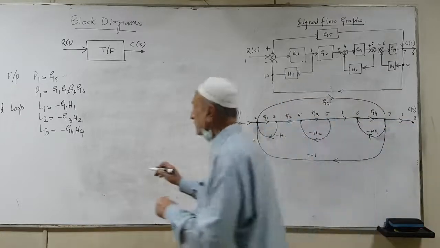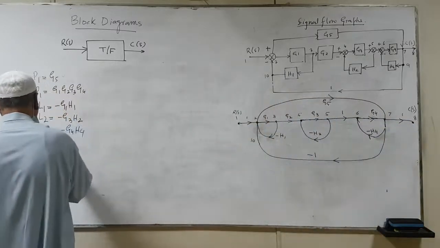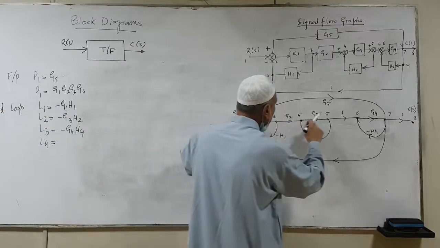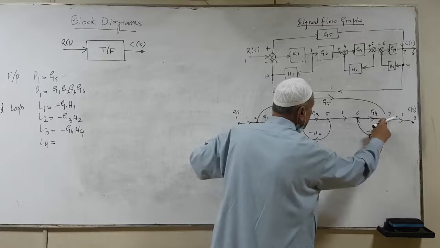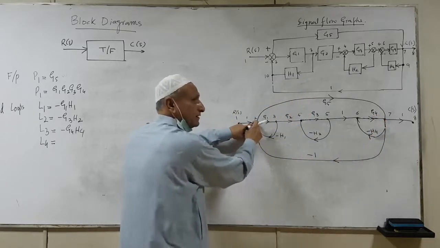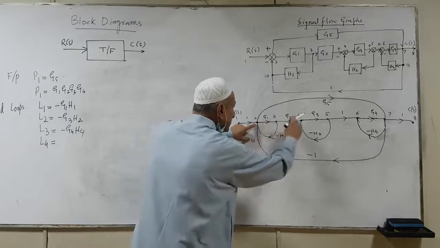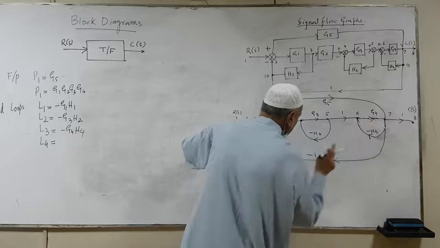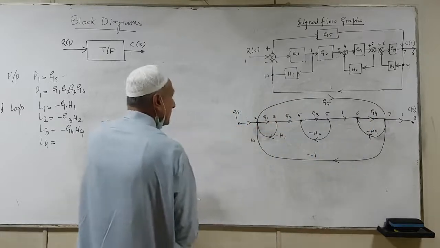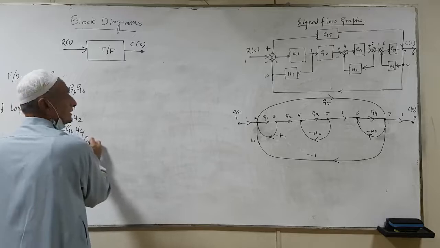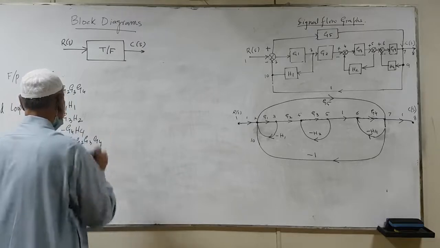So we have another possible loop, from node number 2, traversing according to the arrow direction, coming back according to the arrow direction, you end up at the same node. So the collective transmittance is this multiplied by this, multiplied by this, multiplied by this, and multiplied by this. So in fact you are actually having minus G1, G2, G3, G4.